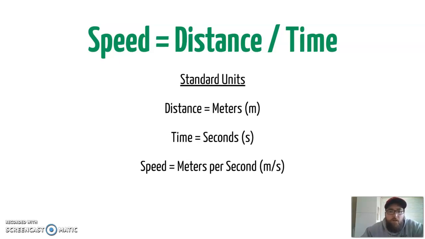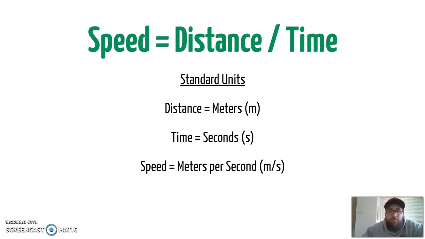When we are measuring or calculating speed, the standard units that you will see used are meters for distance, represented by a lowercase m, and seconds for time, lowercase s, and then that gives us speed. Since it's distance divided by time, it's in meters per second, or m/s.